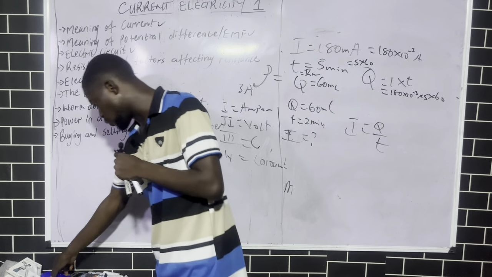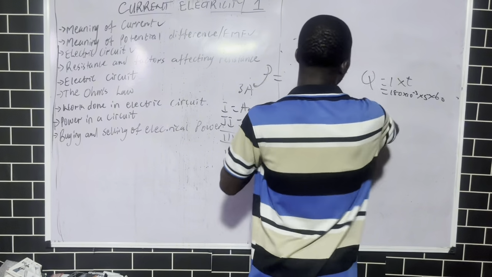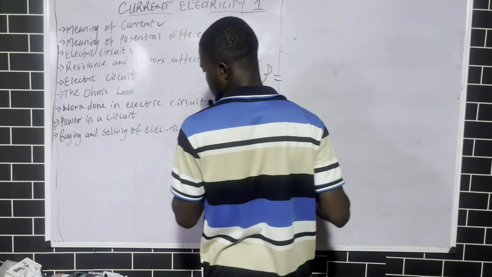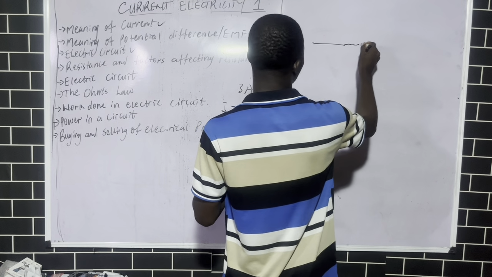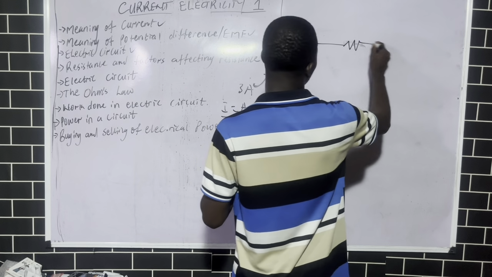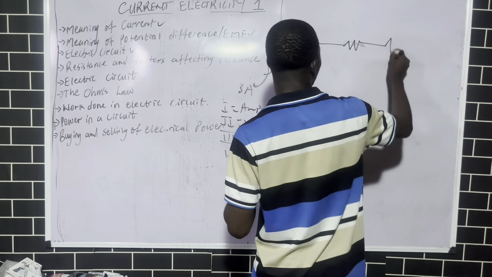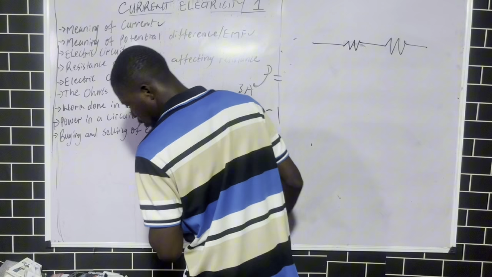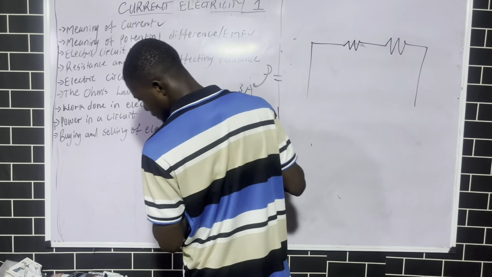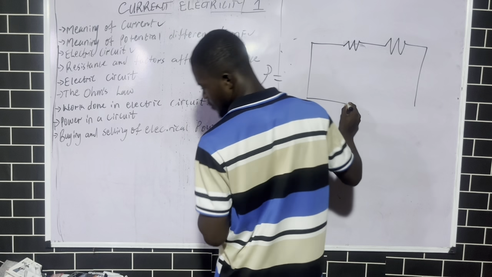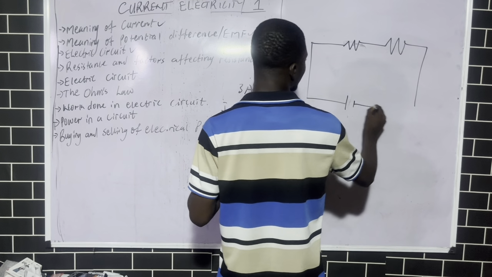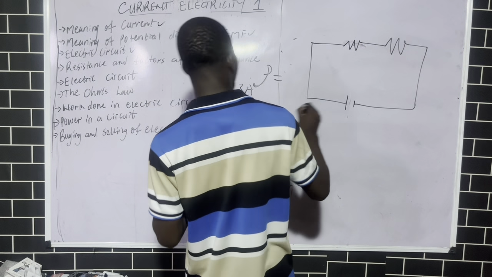Okay, let's look at this one. It's a circuit. Now we're getting to the resistance aspects. So they draw a circuit like this. This is the battery, and they drew another branch here like this.